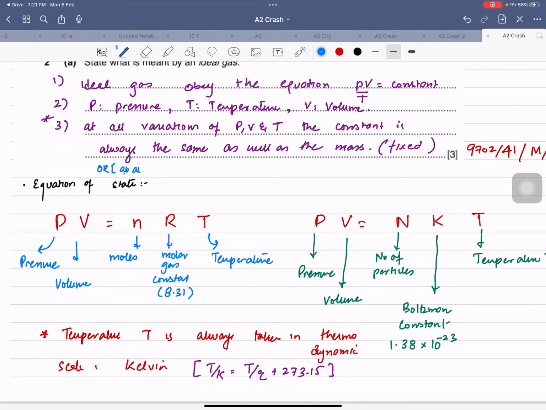At all values of PVT, the number of moles is fixed or constant. Is that clear? So you can write in terms of moles or mass. It's the same thing.